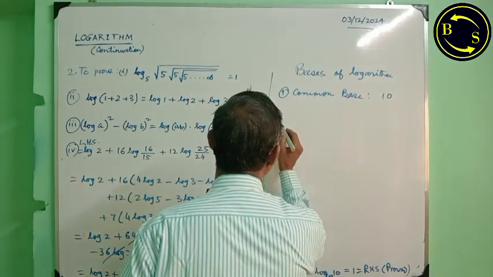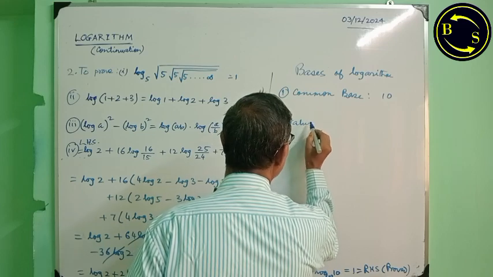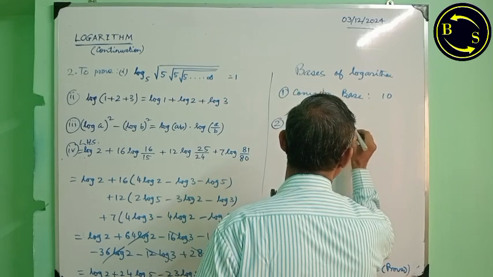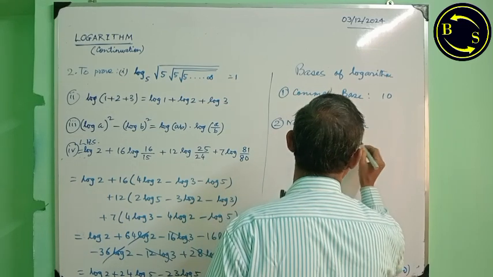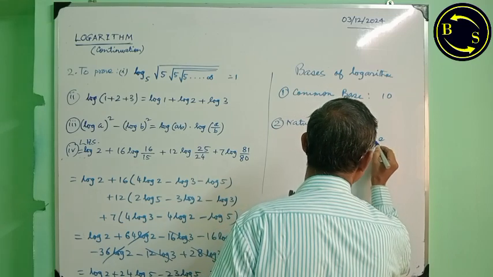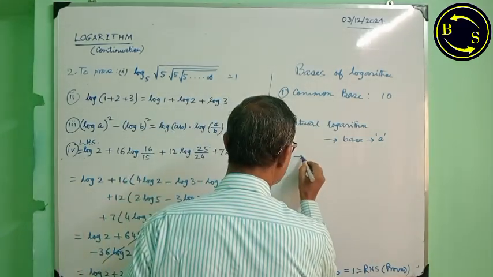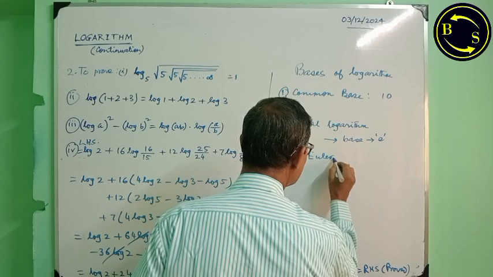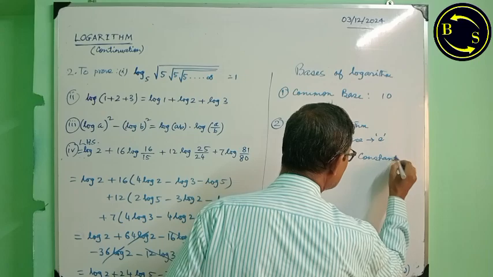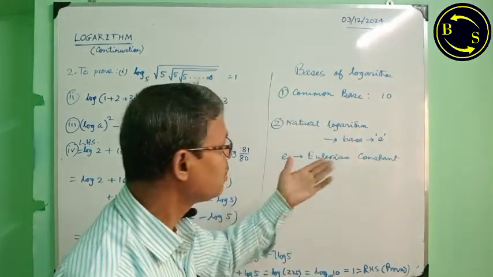Then there we have natural logarithm. In that case the base is e. Base is e, which is Euler's constant, already students of 11-12 have heard this.